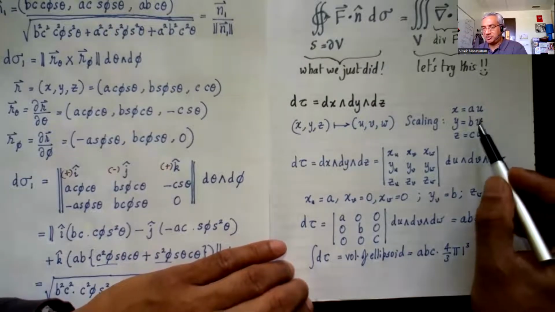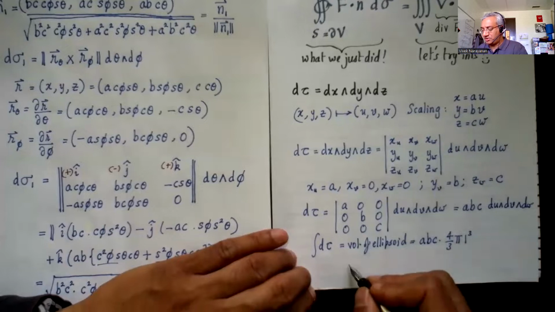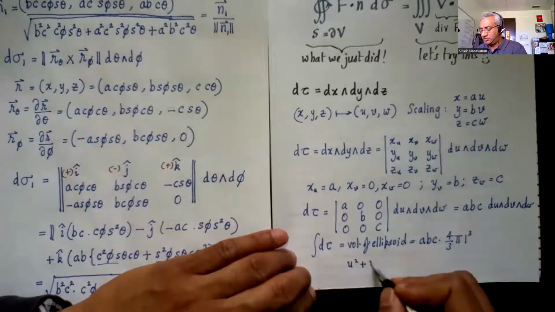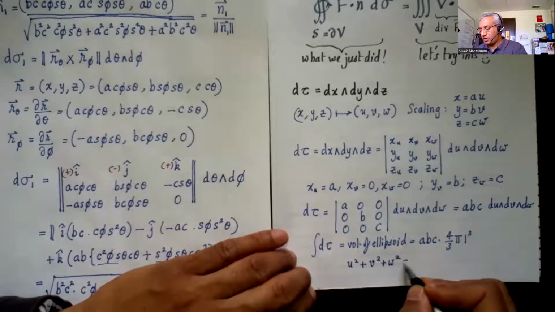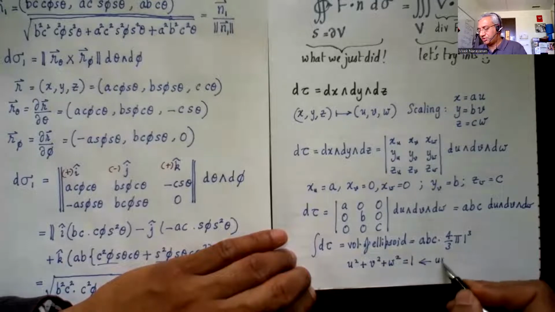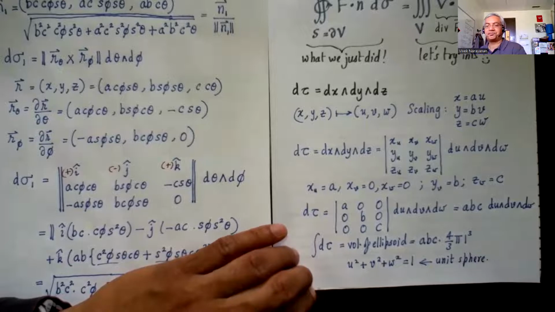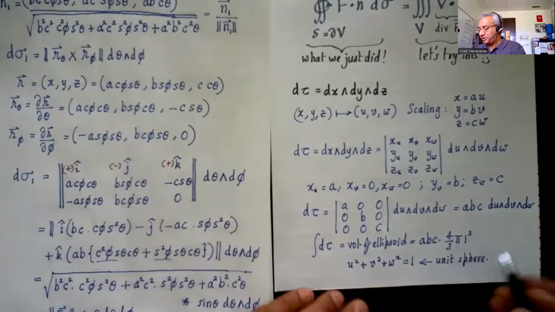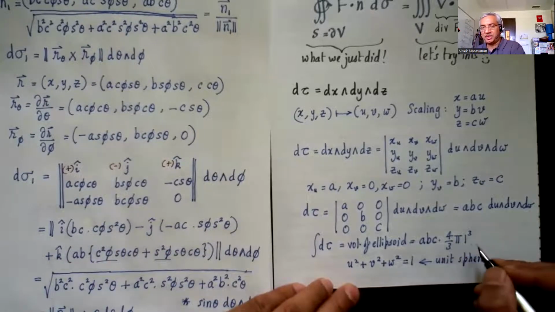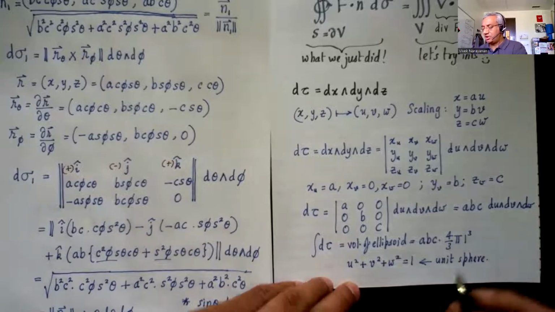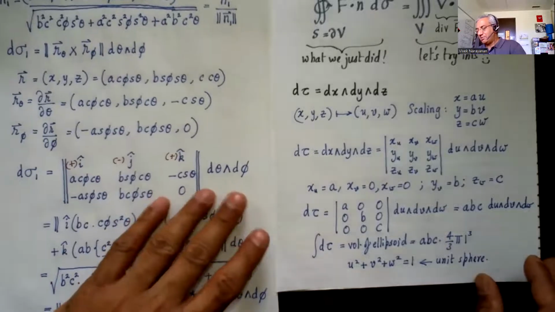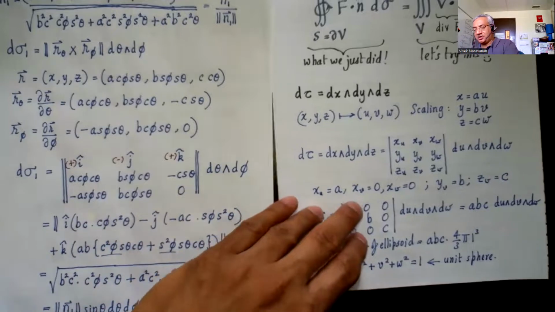Because when you write the ellipsoid in the new coordinates, you're going to get u squared plus v squared plus w squared equals 1. So it's a unit sphere with radius 1. So we have found the volume of an ellipsoid, which is 4/3 pi abc. For a semi-ellipsoid, you get 2/3 pi abc. So just keep that in mind.